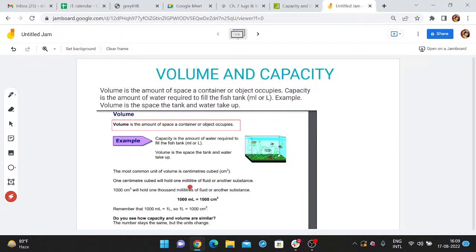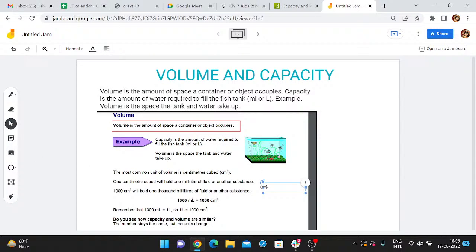So as the word suggests, it is milli and then liter. So for milli we usually write M, and for liter it is L. So again milliliter can be written as ml, that is milliliter. Okay, so I have written it for you over here.